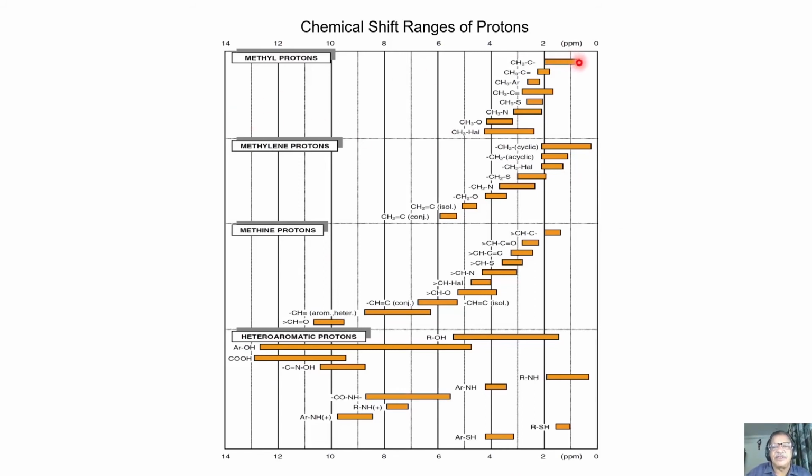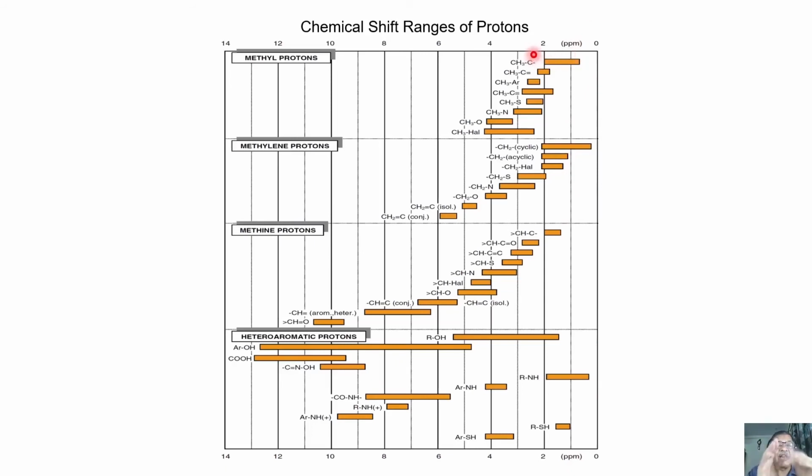Over years and years of research experience, they have classified certain functional groups in the spectrum, which in proton comes from 0 to 10 or 15 ppm, where these functional groups come. For example, this CH3 methyl group in the proton spectrum comes anywhere between, let us say, 0.5 to 2 ppm.